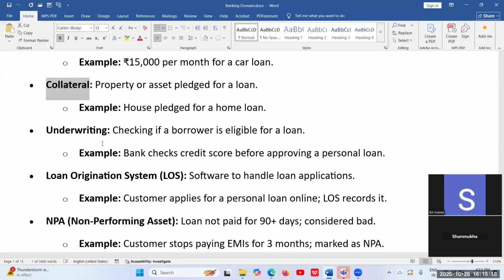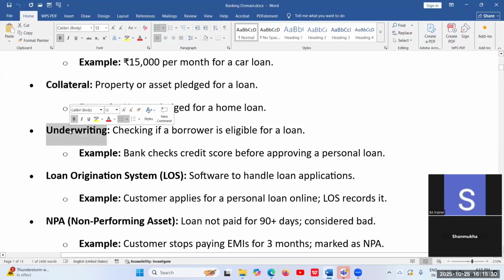Based on that, the bank teller determines whether they are eligible or not. Rather than calling it eligibility, in the banking industry we call it underwriting. Based on that, they will process your credit card after evaluating all the necessities.